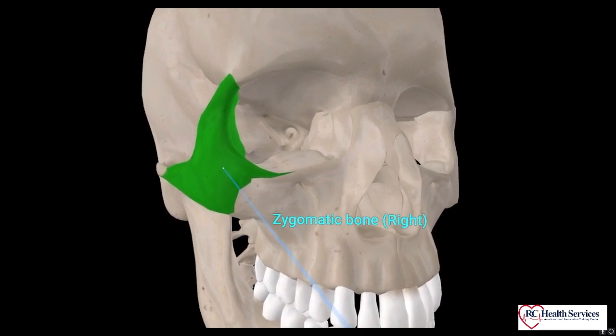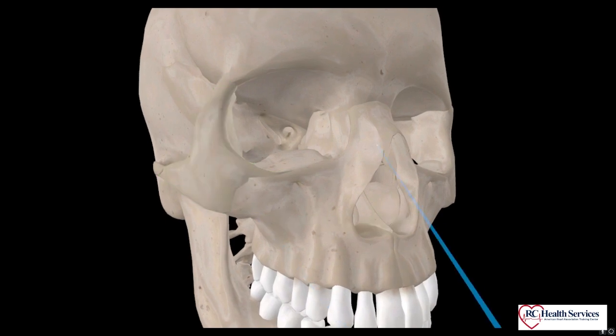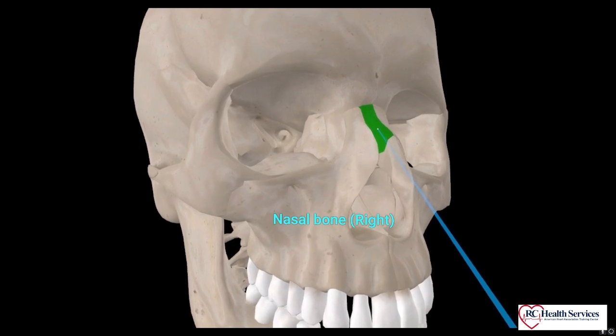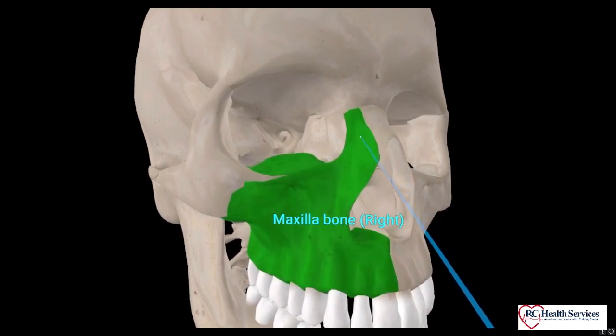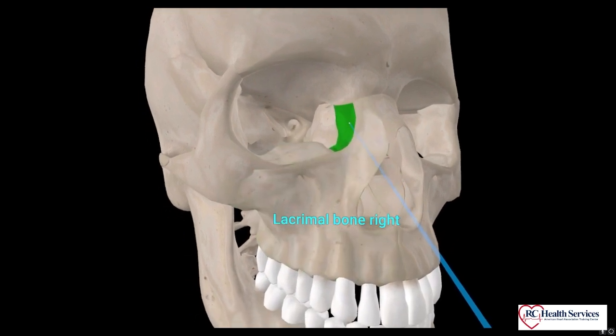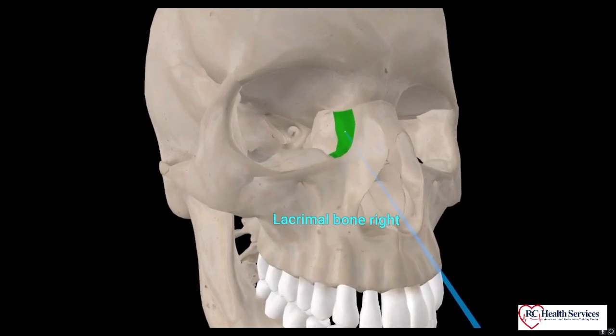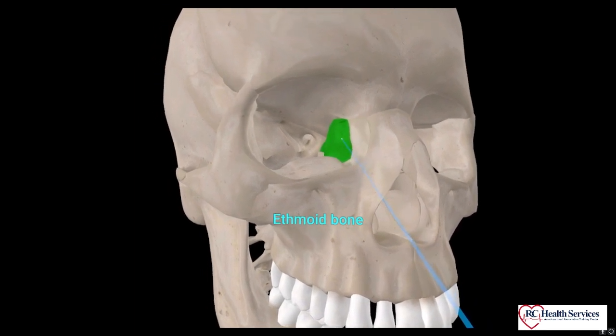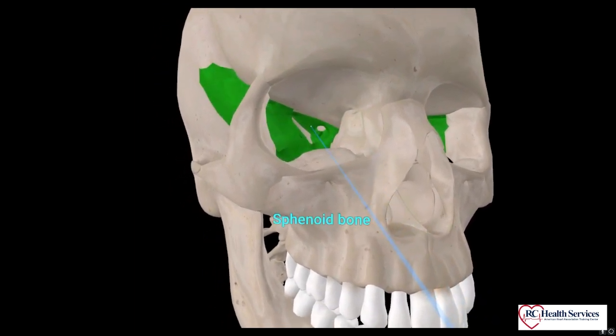We have the nasal bone that also makes up the orbit, as well as the maxilla, or the upper jaw. Lacrimal bone right up in there, and then the ethmoid.